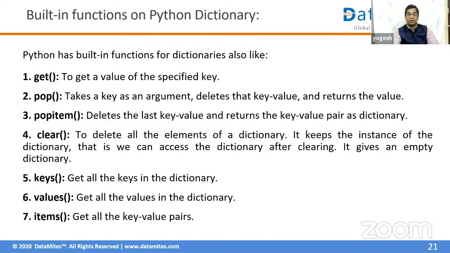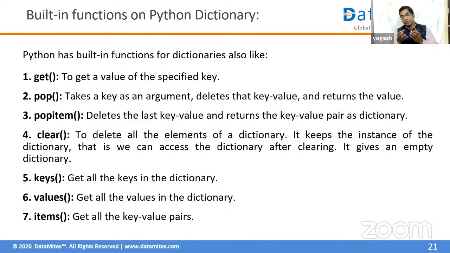Here also, like other data structure types, you have something called get. Pop is common, popitem is there, and then clear removes all the elements of the dictionary. Whether list, dictionary or tuple, when you use clear, it is going to clear the elements. Keys is going to show you all the keys in the dictionary.